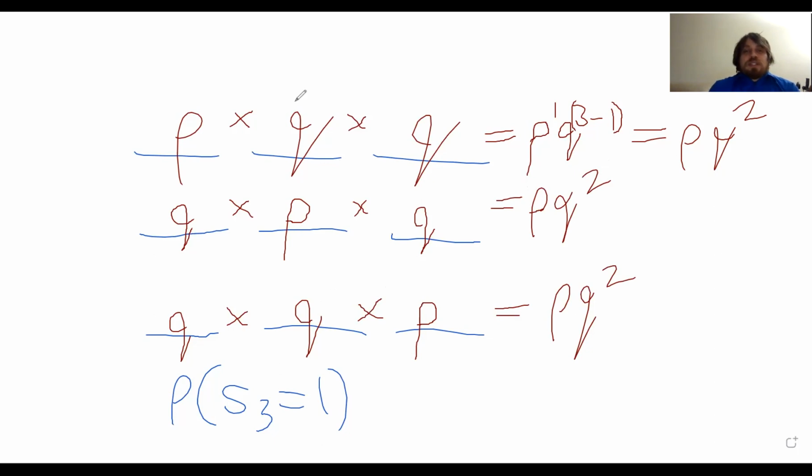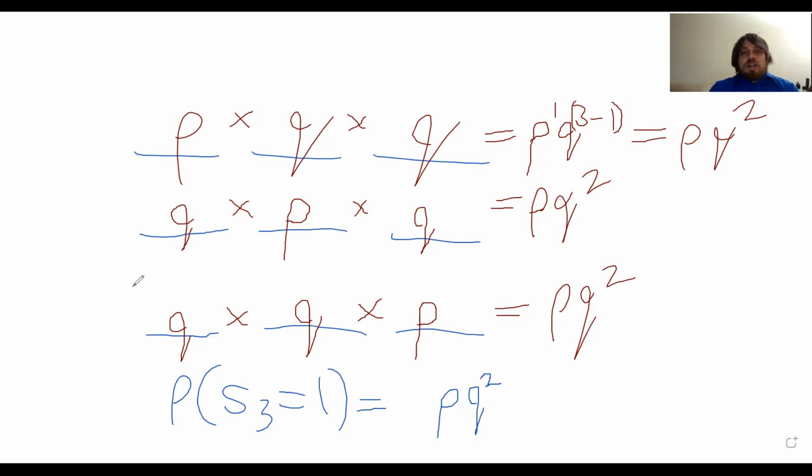So the probability of exactly one success in 3 Bernoulli trials is equal to, well, what's the probability of succeeding in the first one and failing the rest? That would be P times Q squared. That's the common probability that each arrangement of successes and failures has.